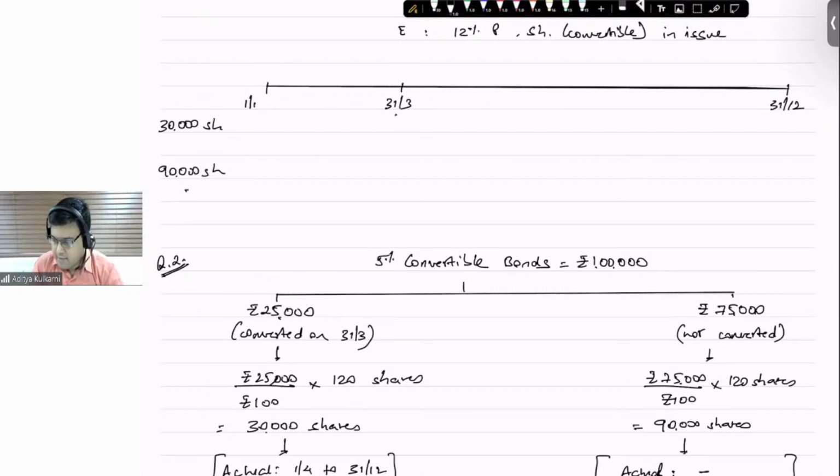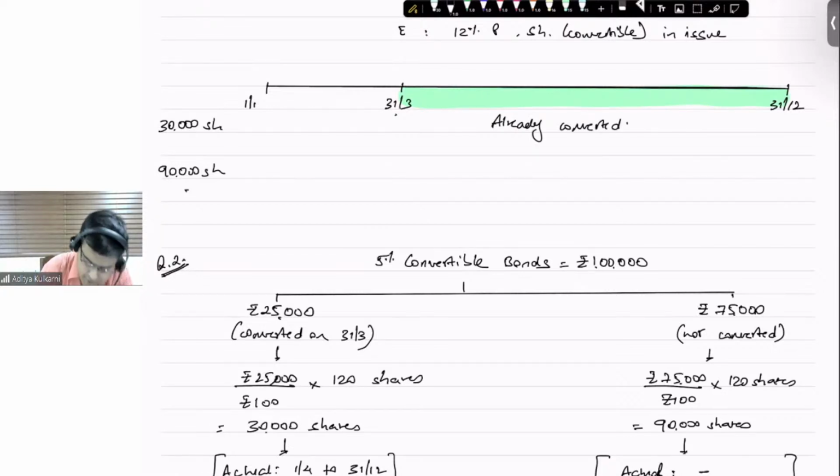Now, this 30,000 shares for this period is already converted. That means 30,000 into 9 by 12 will form a part of my basic EPS.